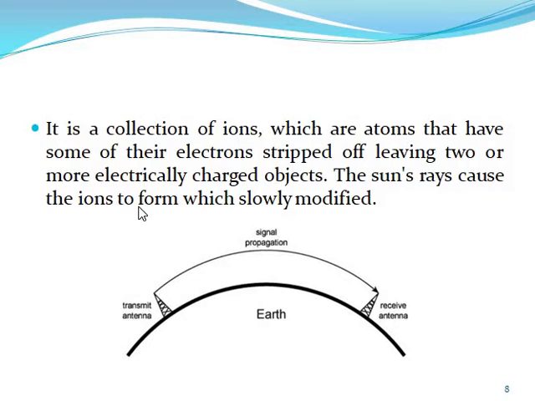Sunrise causes the ions to form, which are slowly modified. The signal is transmitted up to 250 miles above the earth for the electromagnetic wave in ground wave.